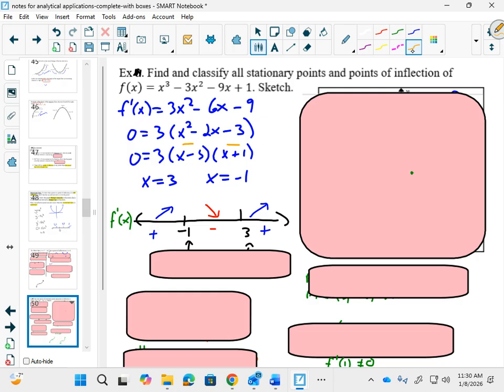And a positive number 3 times a negative is positive, telling me this section is positive. The arrows up and down are telling us stuff about F. The signs are in F prime. The arrows are telling us stuff in F.